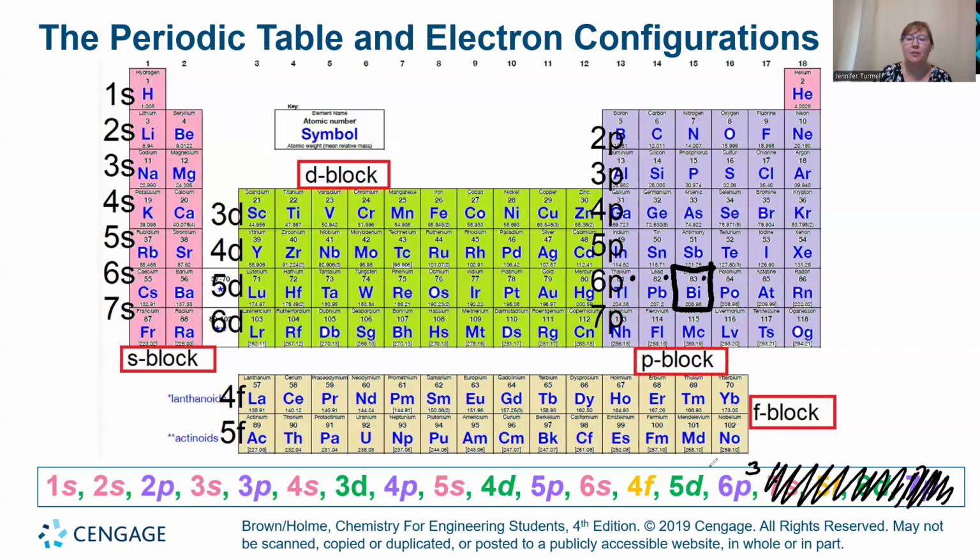If I start with 6p3, I can fill it in backwards, and D is full, and F is full, and S is full, and so is 6, and 10 for D, and 2 for S, and 6 for P, and 10 for D, and 2 for S, and 6 for the 3P, 2P, and 2's here and here.